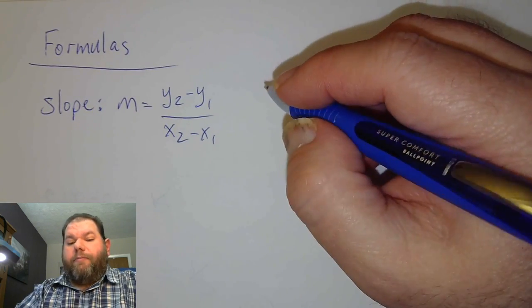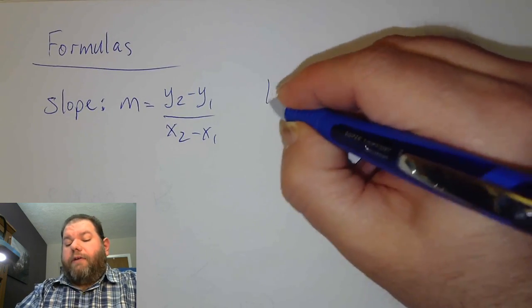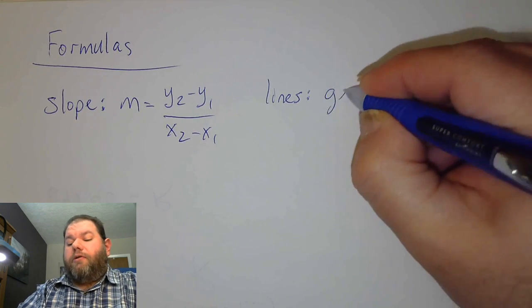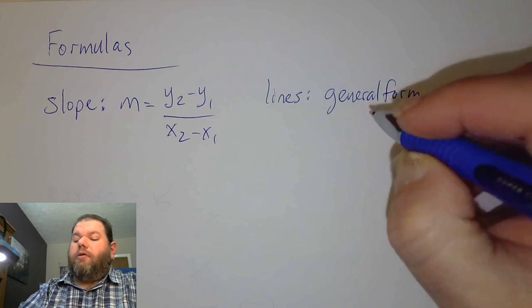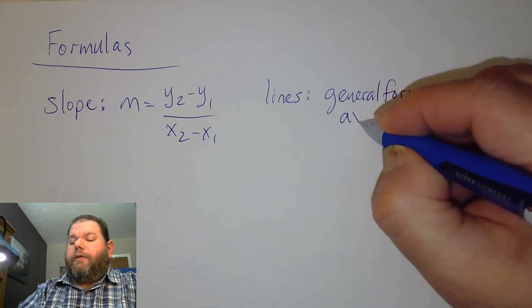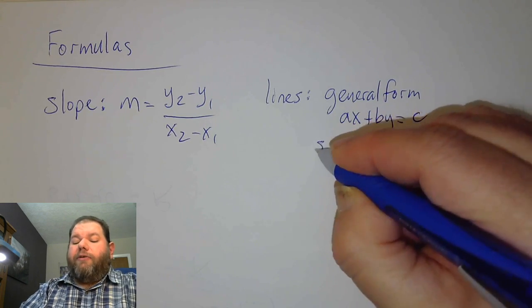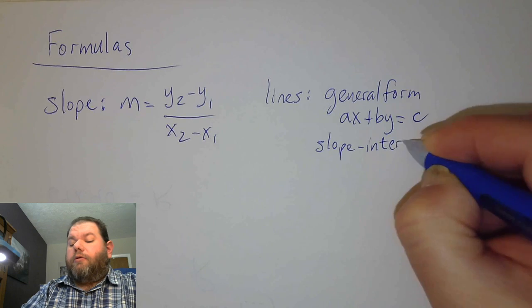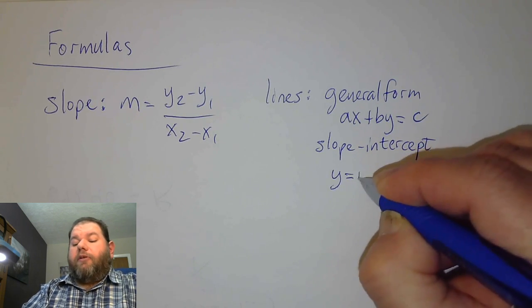For lines, we have the general form, ax plus by equals c, and we also have what's called the slope-intercept form, which is y equals mx plus b.